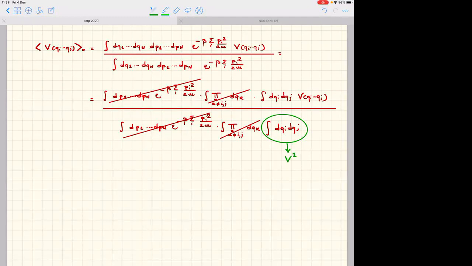And therefore, I obtain that this is equal to the integral dqi dqj over volume squared of v(qi minus qj). Okay? Okay, thank you. No problem.